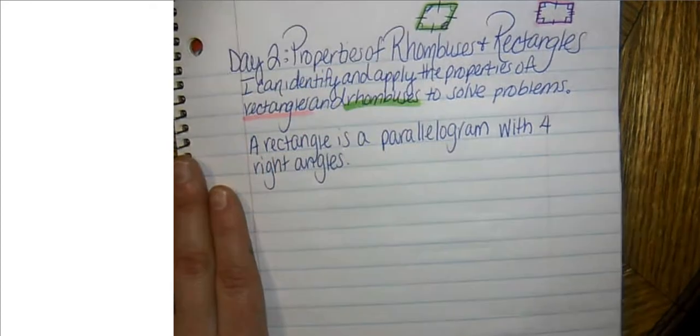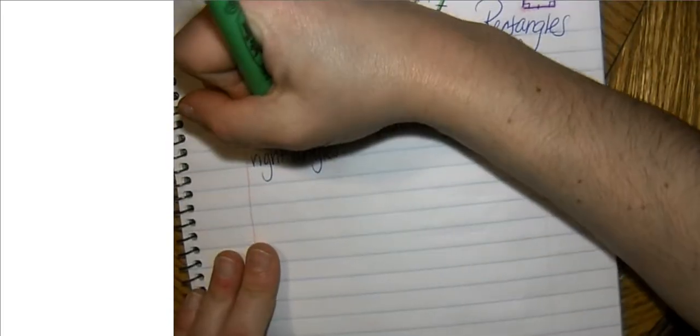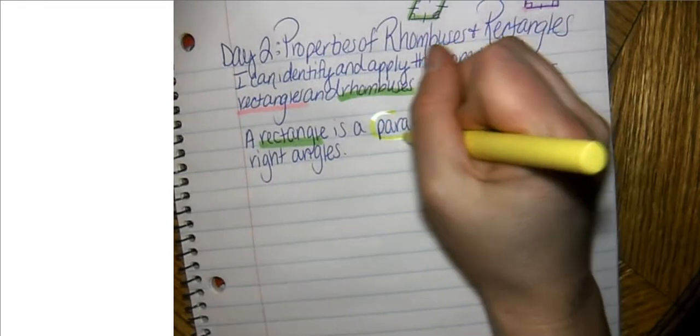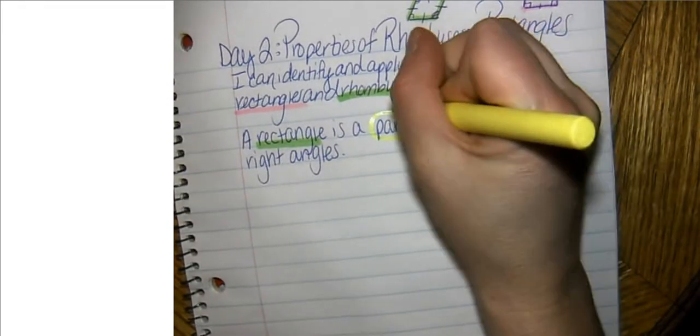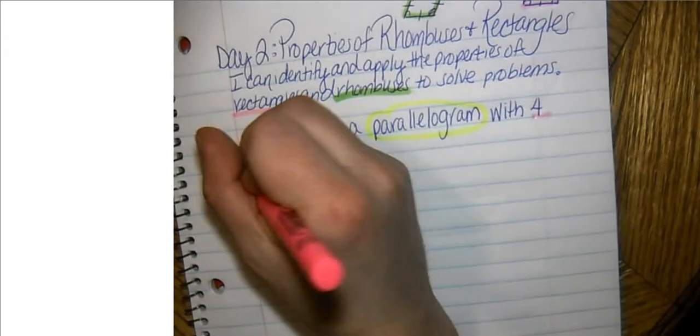So this statement right here is really important. A rectangle is a parallelogram. So that means it has all of the properties of parallelograms, and it has 4 right angles.